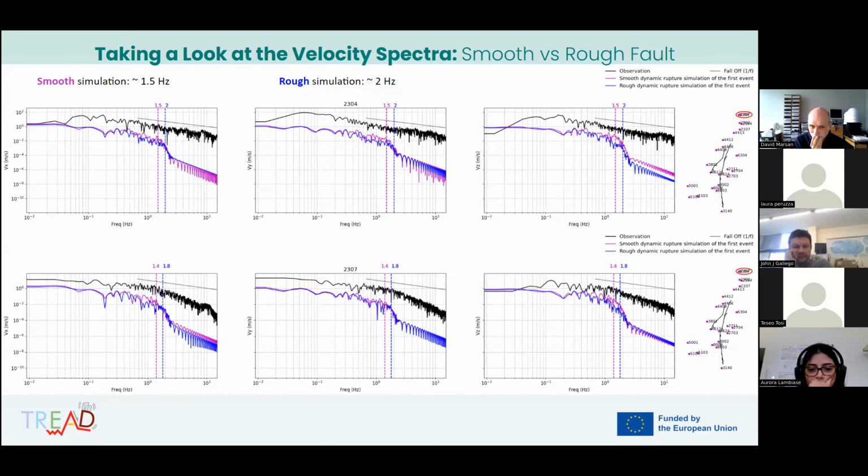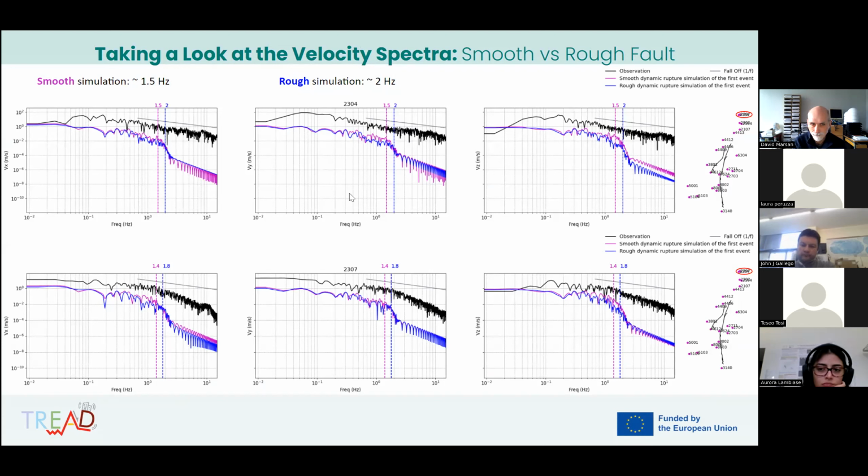So I took a look at the velocity spectra of the smooth, rough and observed data from stations that are off the fault. These are the stations that are farthest from the fault. And by looking at the fall off from the spectra, you can see what frequencies are actually resolved.